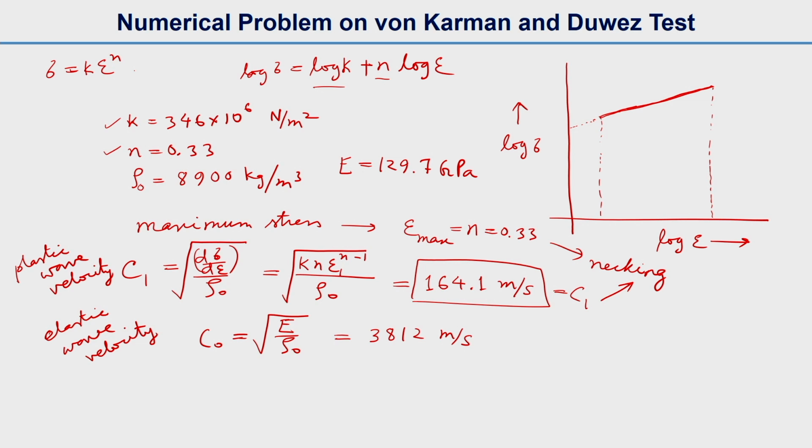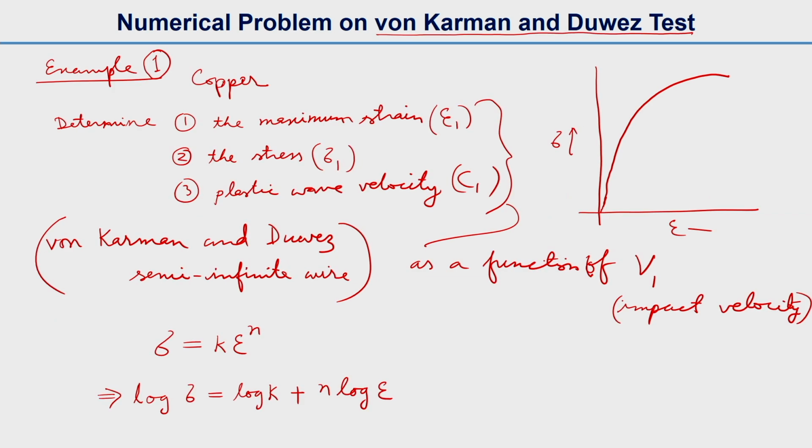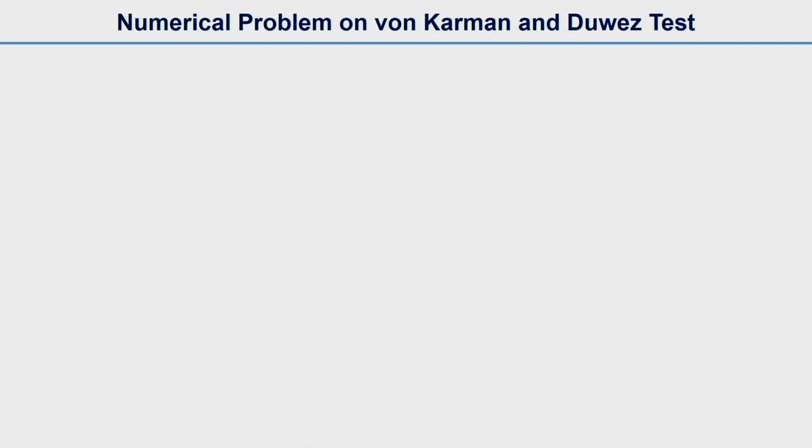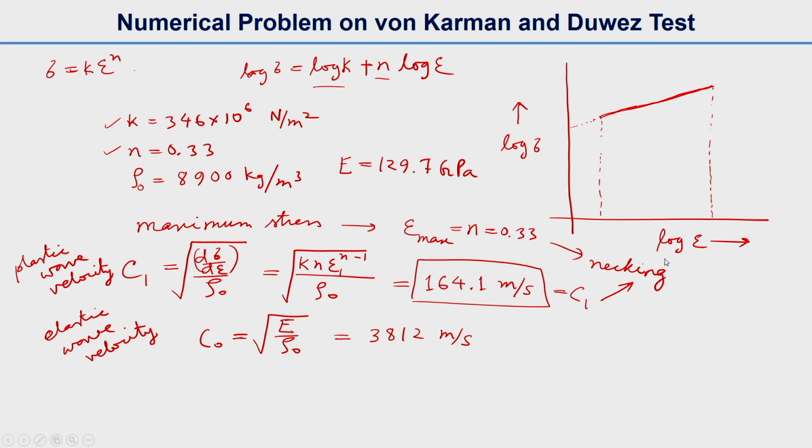So now our first part is the maximum strain. We need to find the maximum strain, and then sigma 1 and then C1, all as functions of V1, which is the impact velocity. So for the first part, epsilon 1, we have from the earlier equation that we already derived, so I am not going to write it differently.